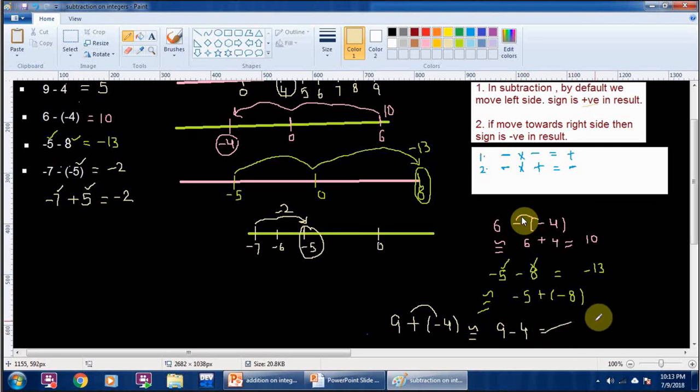I will get 9 minus 4, that is 5. Or in other words, if two integers are of different sign, then we subtract the values and the sign of the biggest number is used. In this case, the sign of 9 is used.